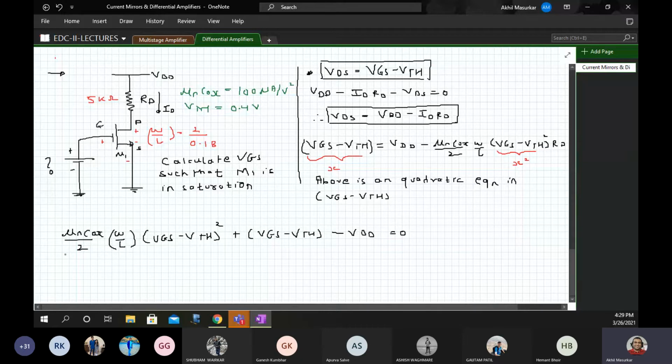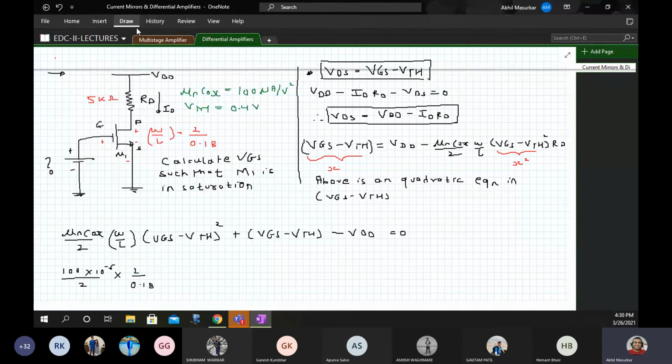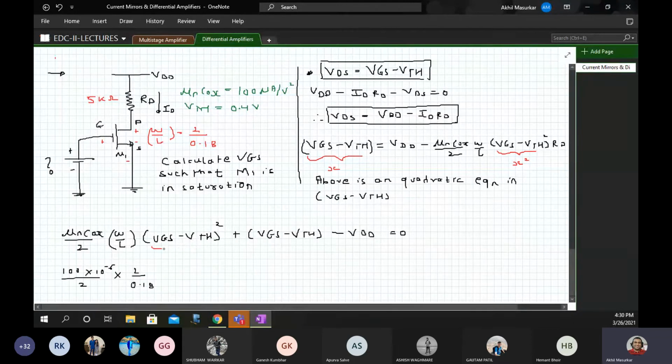So I think you can calculate this ratio, which is 100 into 10 raised to minus 6 upon 2 into 2 into 0.18. So I will just write this as x for the time being.